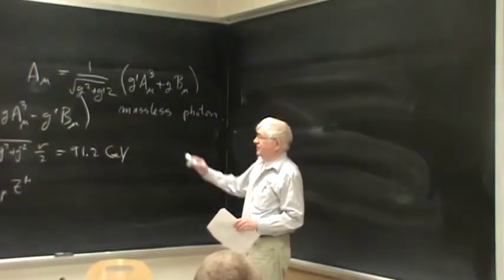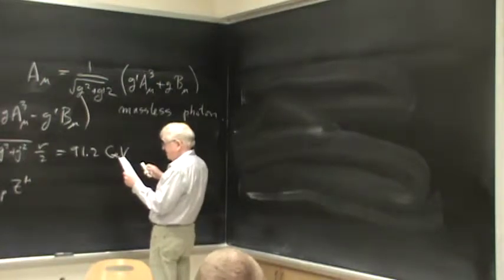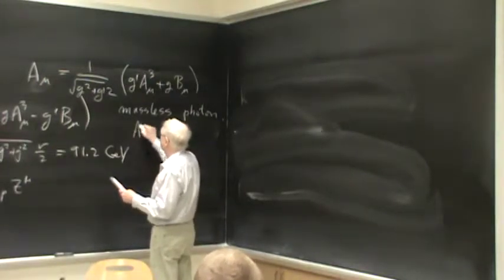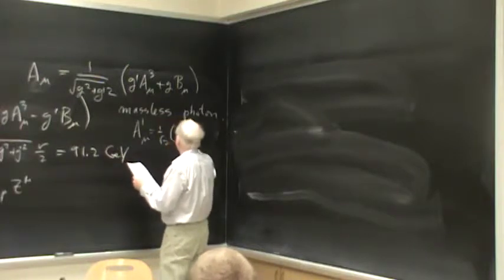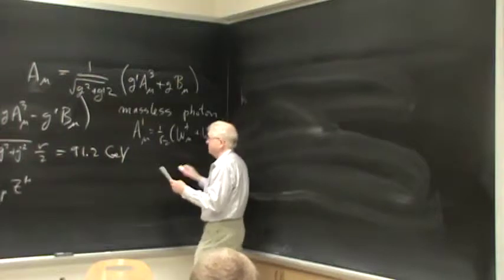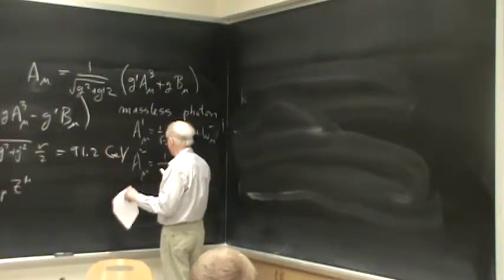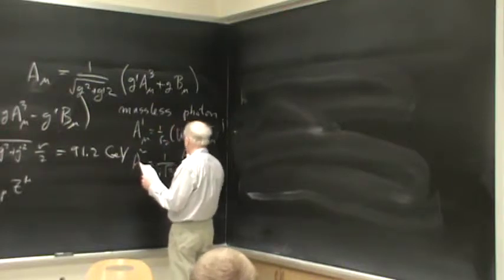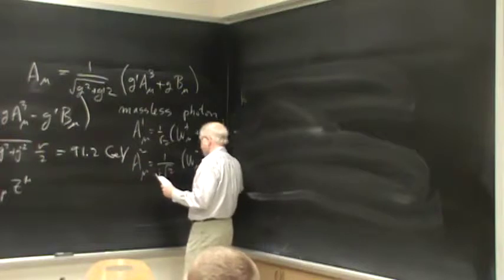It's worth inverting all these formulas. So we can say, for example, A1 mu is 1 over root 2, W plus mu plus W minus mu. A2 mu is 1 over i root 2, W minus mu minus W plus mu.